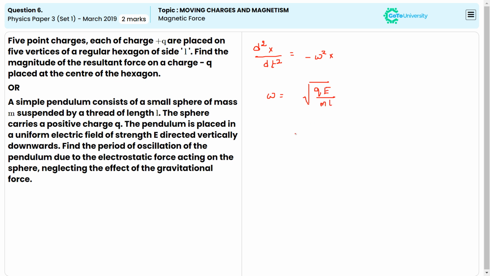Then T is equal to 2 pi divided by omega. Omega is in the inverse, that is 2 pi times the square root of ML divided by QE. This is the period of oscillation of the pendulum due to the electrostatic force.